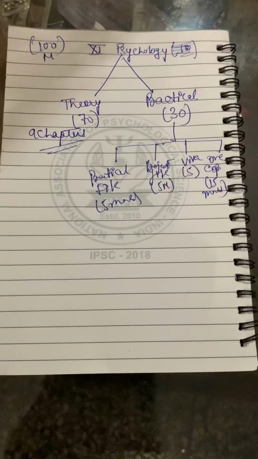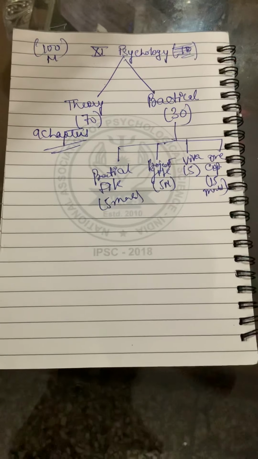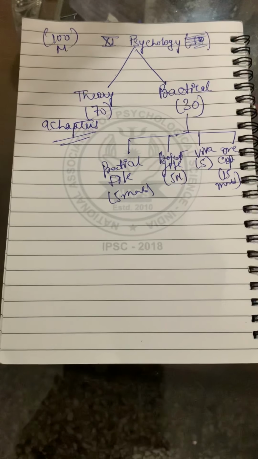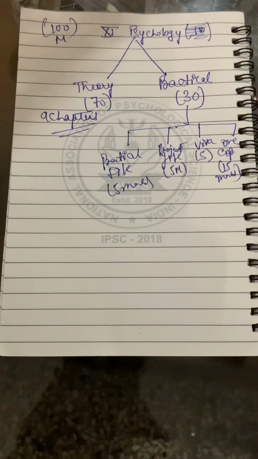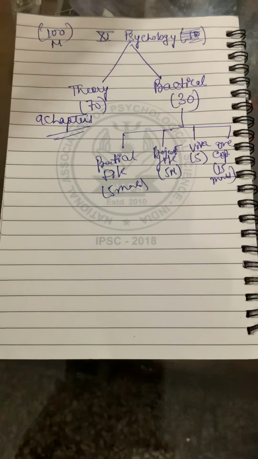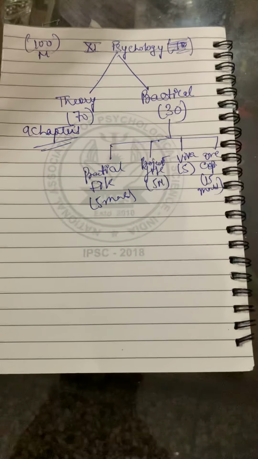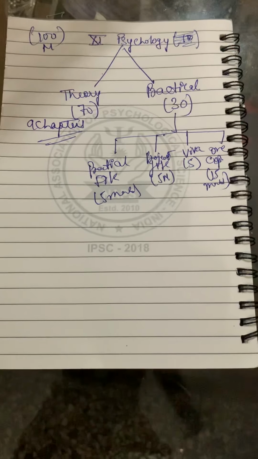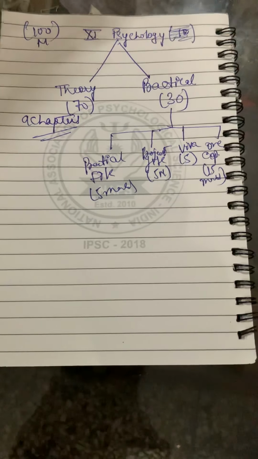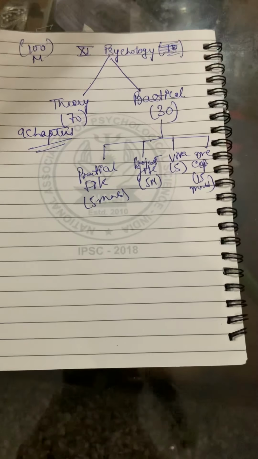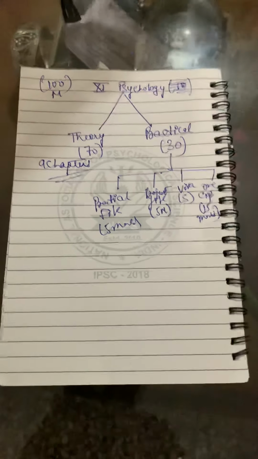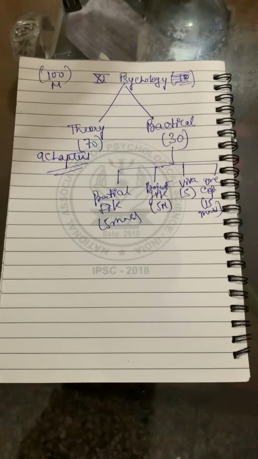As I said, in the practical file you will be making 2 experiments. Out of those 2 experiments, during your practical exam, you are supposed to do one experiment, and that experiment carries 15 marks. Those 15 marks are for your interpretation and conclusions.